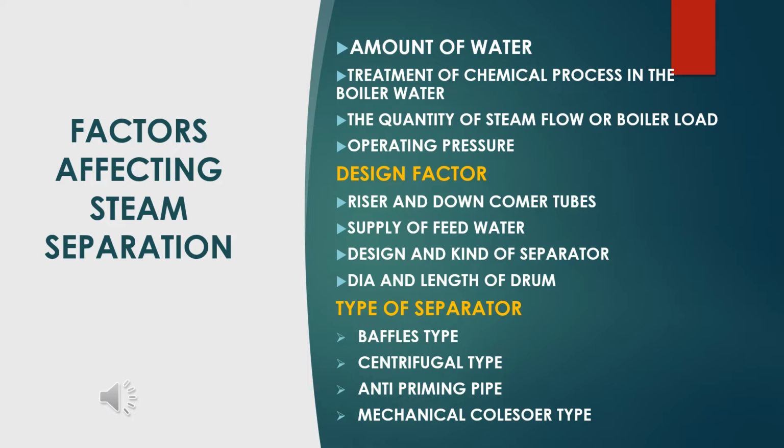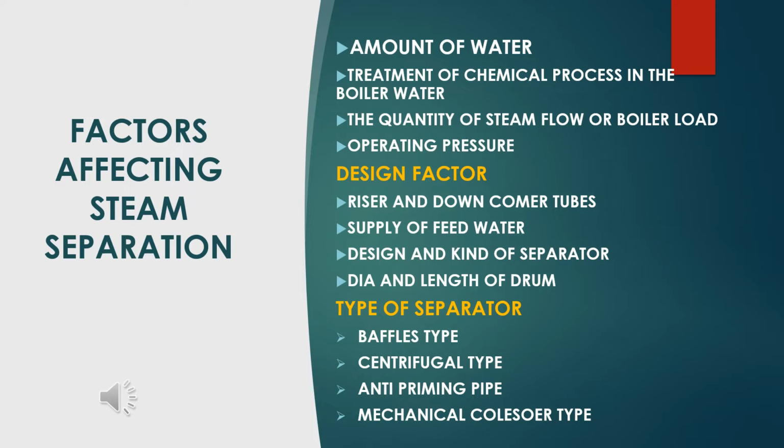Suppose you want to produce LS steam, and LS steam is about 9 to 10 kg per centimeter square, but you are decreasing the pressure. It will badly affect the steam quality, and the moisture content will increase in the steam, which affects the steam quality and also harms your steam turbine because of the high water content.